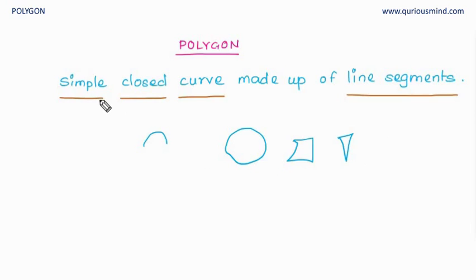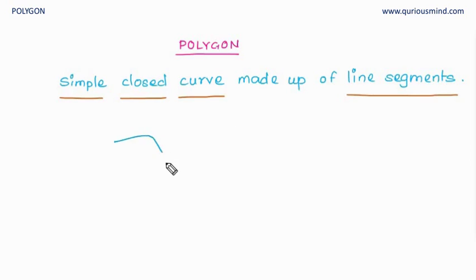So what we need? We need a simple curve, which means does not overlap, does not cross. We need a closed, which means the start and end point has to be same. And of course, we need a curve, which means we should be able to draw that without lifting the pencil. There is one more requirement here, that it has to be made up of line segments only.